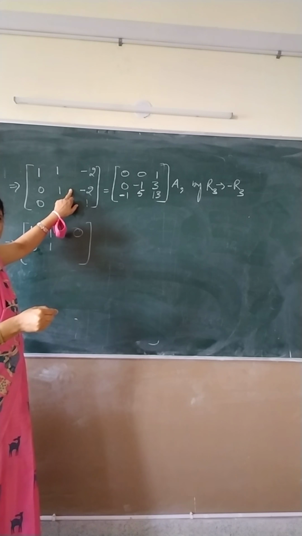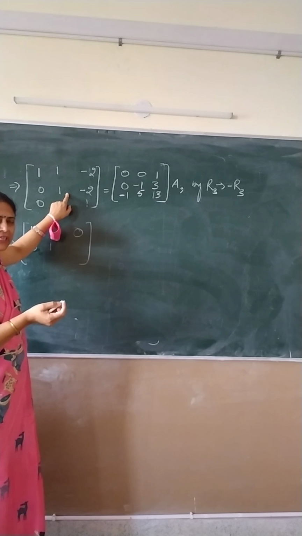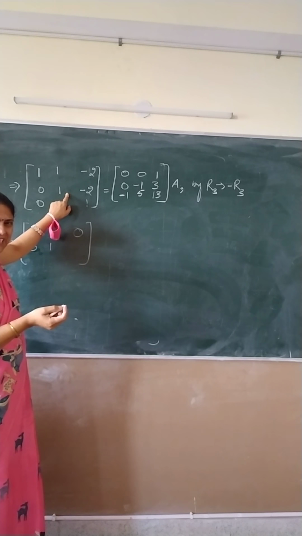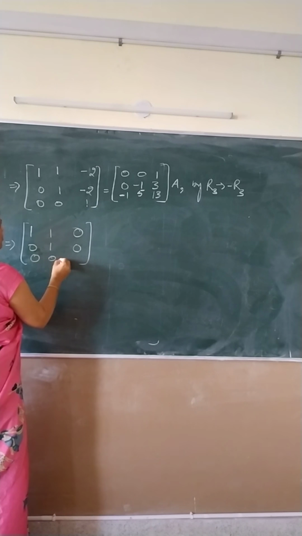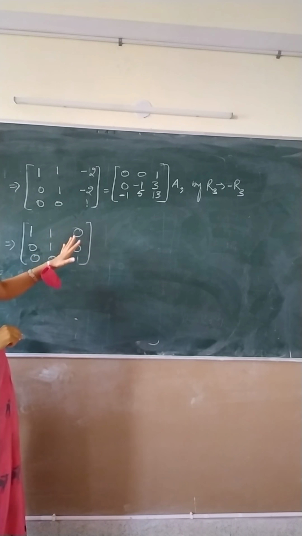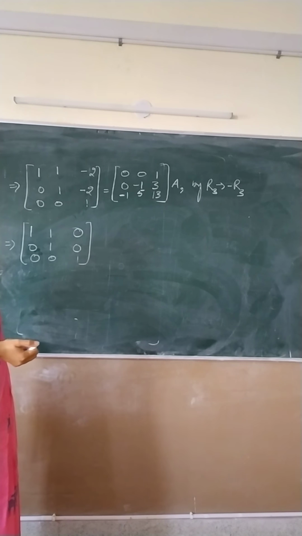Apply operation which R2 plus 3 R3. R2 plus 2 R3. Clear? R2 plus 2 R3. Now this is 0, 0, 0, 1. Right? We are going to make an identity matrix.